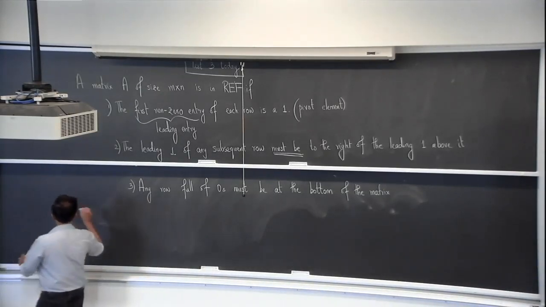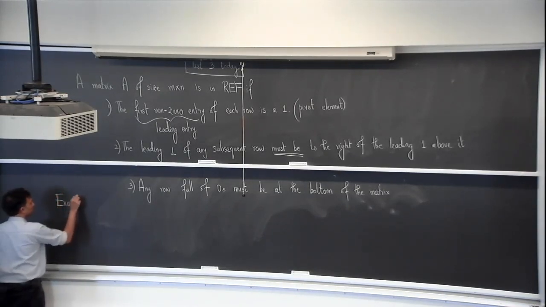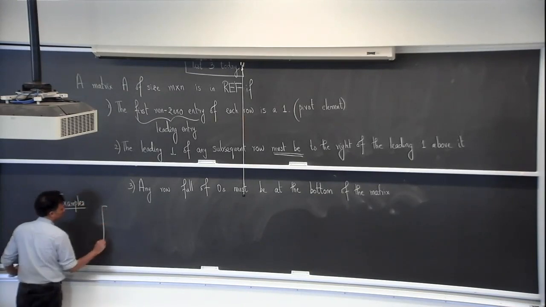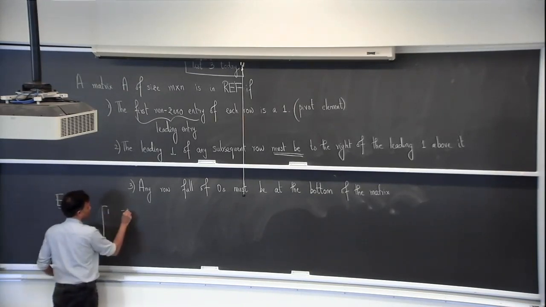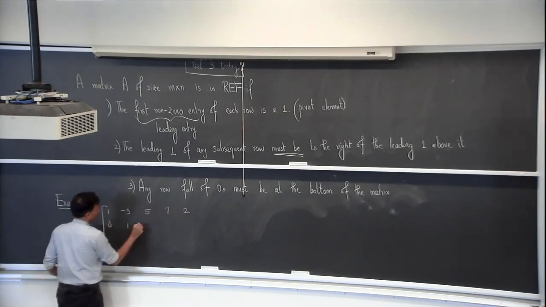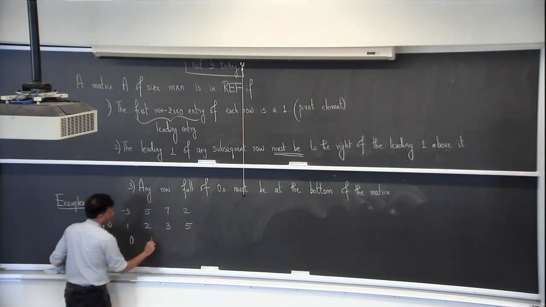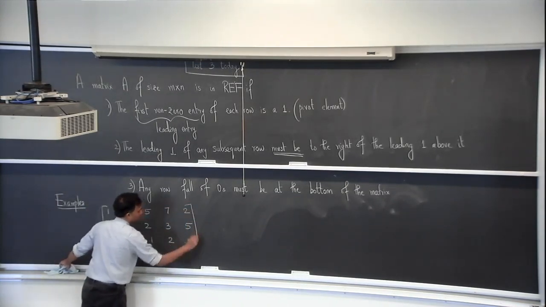So, examples. 1, negative 3, 5, 7, 2; 0, 1, 2, 3, 5; 0, 0, 1, 2, 3. Good.